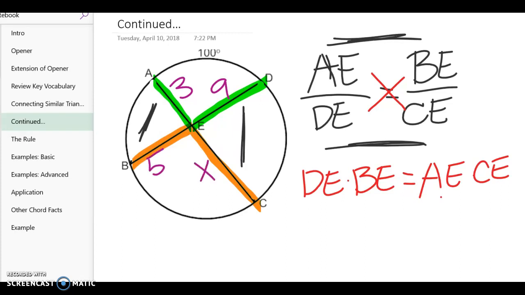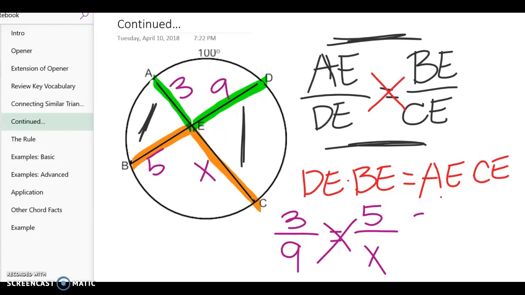How could I find CE? X. Well, let's just plug it in how we have it. AE's on top, so 3 over DE's on the bottom, 9, has to equal, little's on top, so 5 over CE, which I'm trying to find, is X. How do I solve this? I cross multiply.